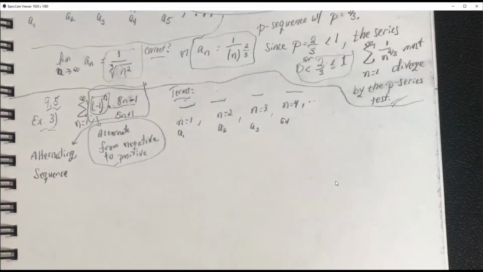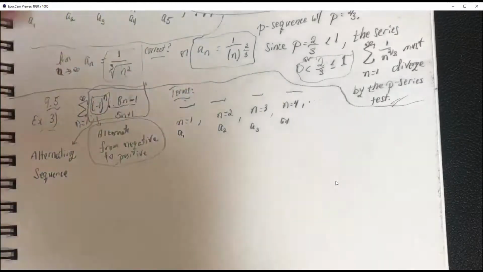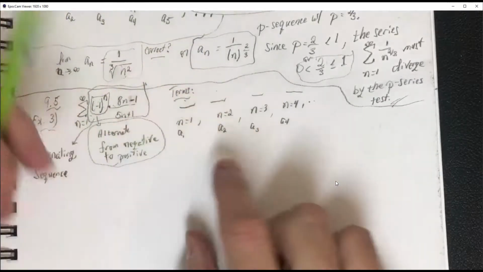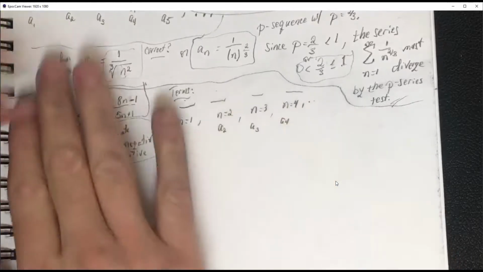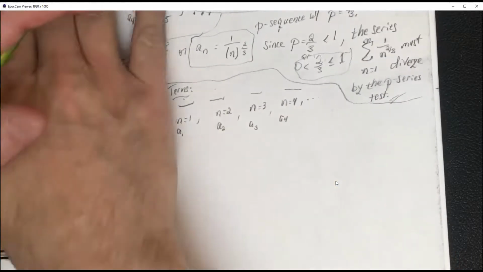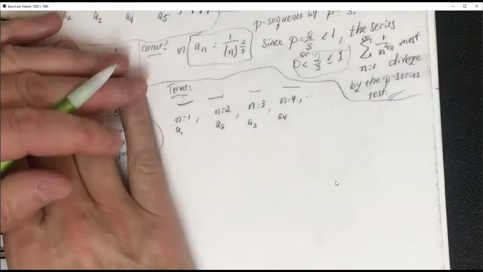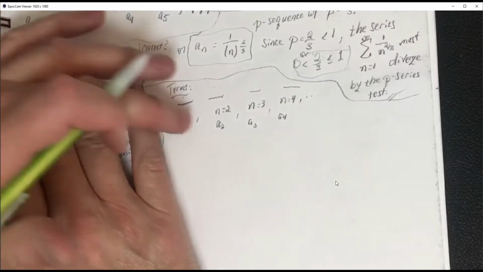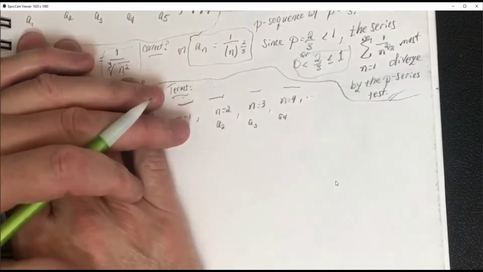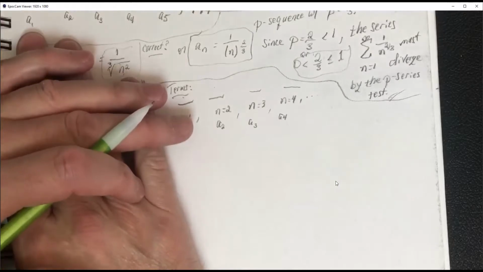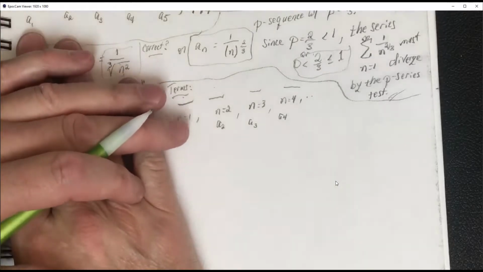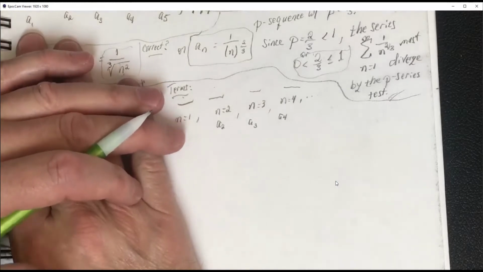And then when we're asked to add them up forever, what's always our first step after we write the terms down? The limit of what? Of a sub n. Of a sub n, good. The individual terms of the sequence.